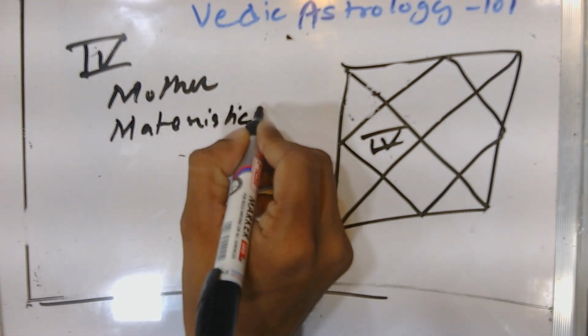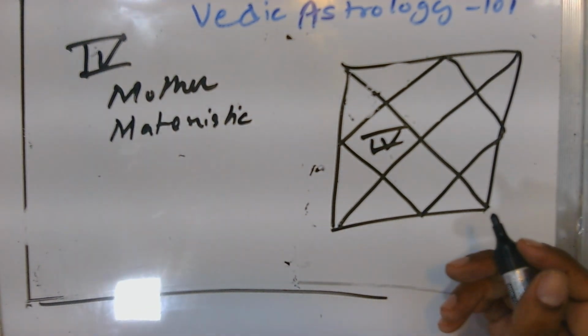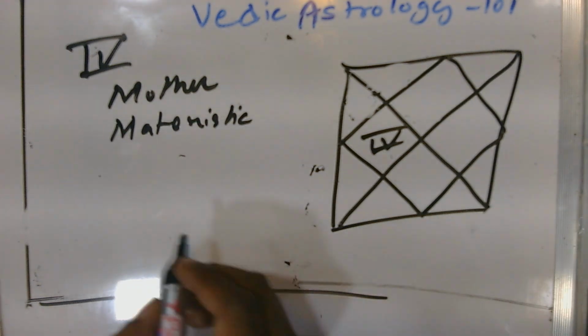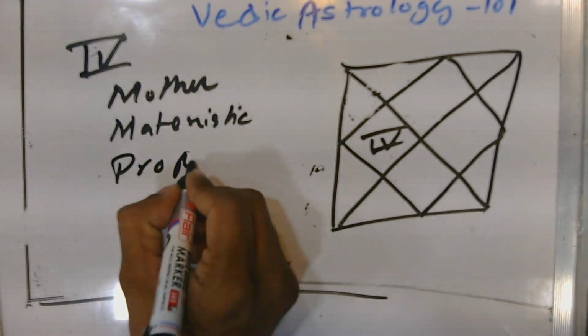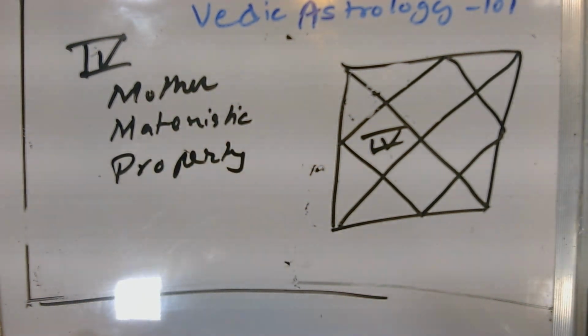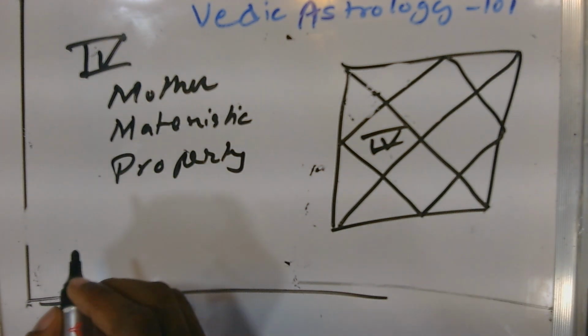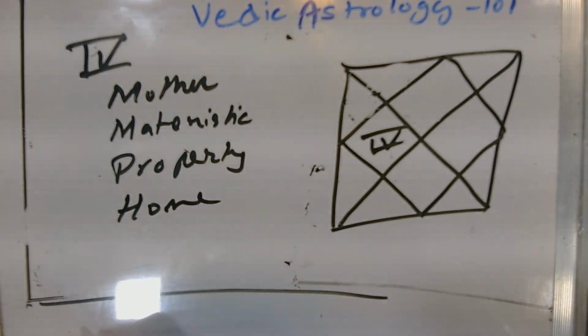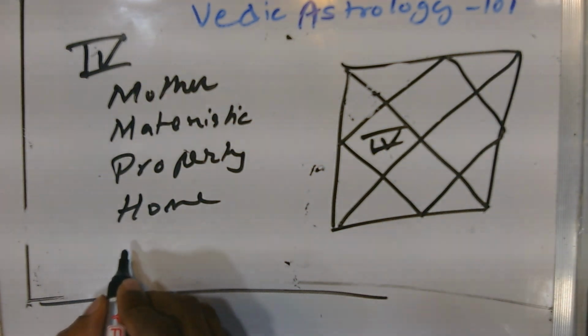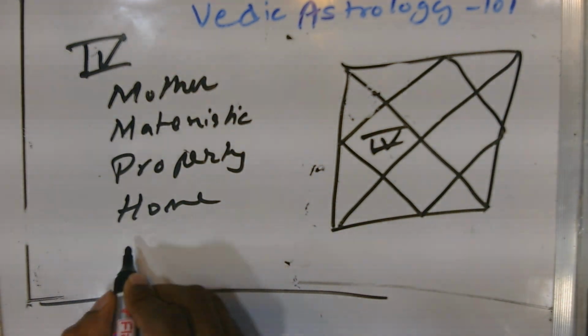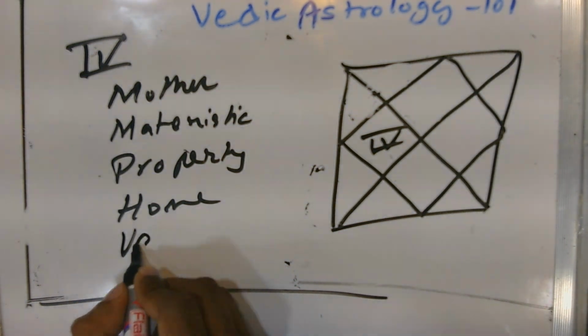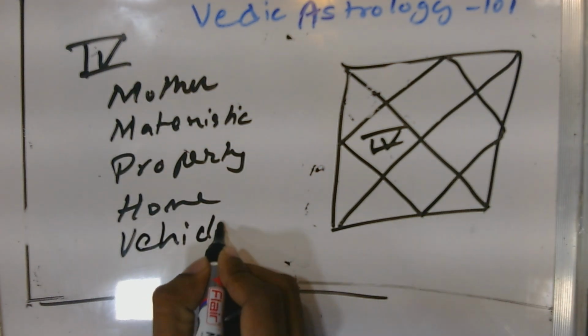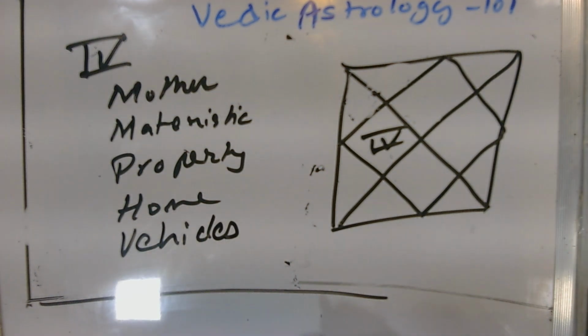Your materialistic possessions, like your property or your home or your chances of having vehicles or luxury or pleasure of having vehicle can be seen from the fourth house.